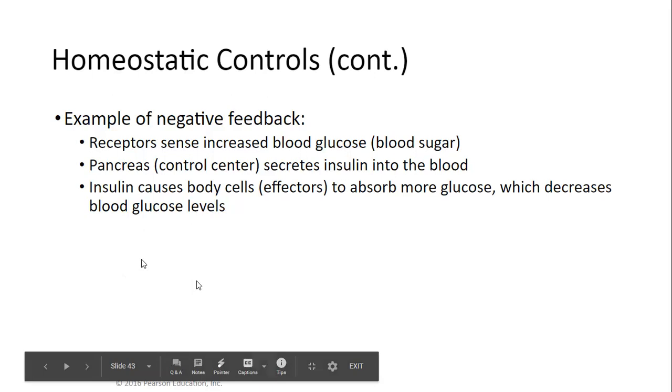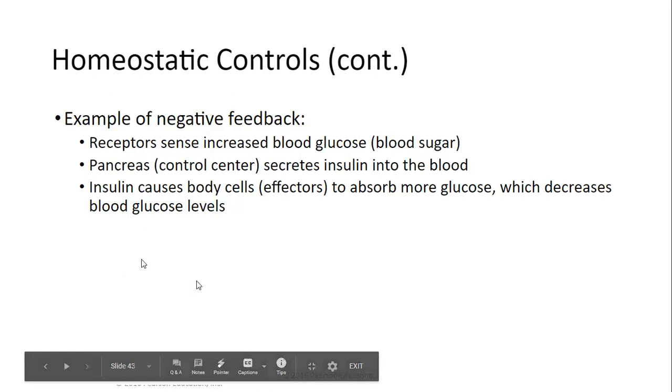The control center decides what to do with the information, and then it sends out a signal to an effector, which could be an organ, a gland, a muscle. It could be different things. Then that effector is going to have a response. So the response of the effector feeds back to reduce the effect of the stimulus and returns the variable back to homeostatic levels.